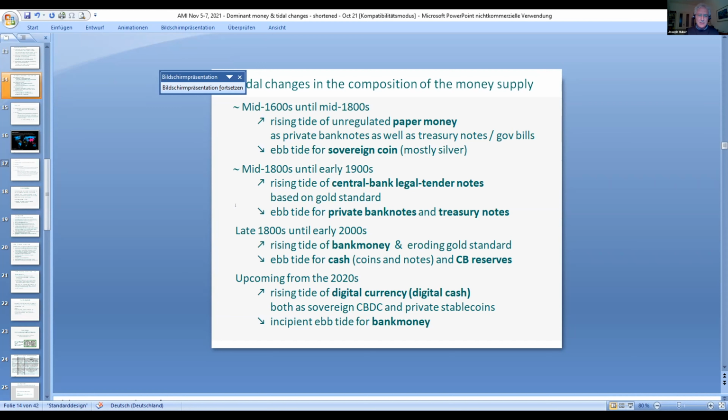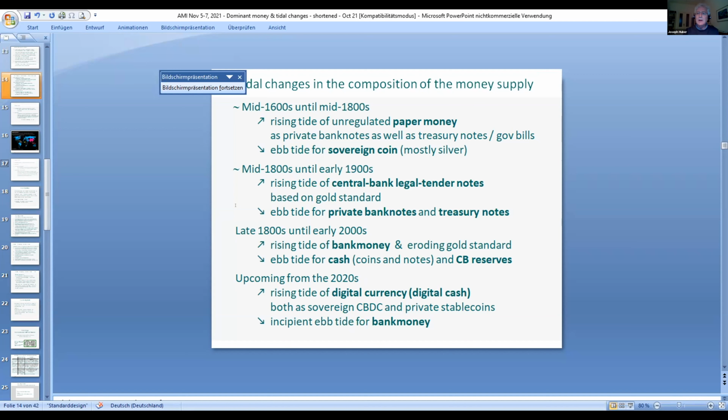And then the last such fundamental change started around 1890, plus minus, and throughout the 20th century until today, and that was the rising tide of bank money. And it was, as shown, the appetite for cash and also the appetite for central bank reserves.